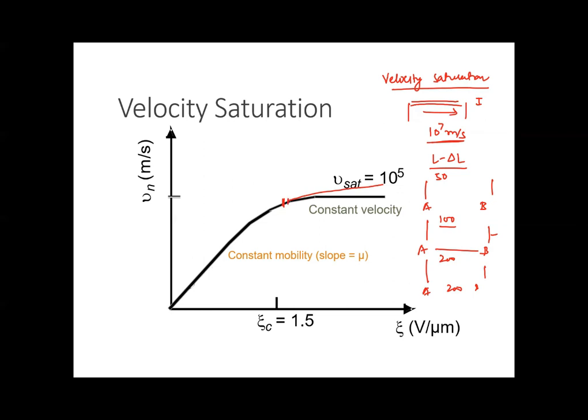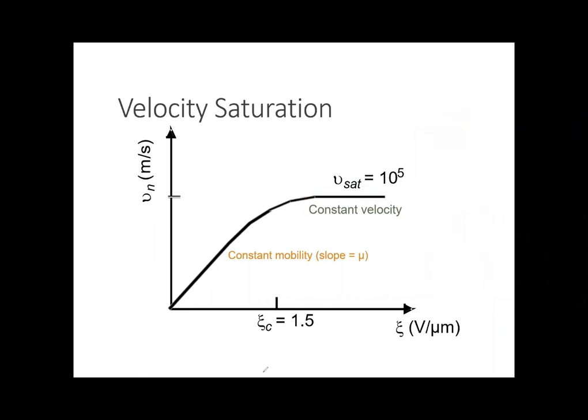Initially your number of electrons will increase, but at a point, under the influence of the electric field, the number of electrons will become constant. So that's the concept of velocity saturation: you keep on increasing the electric field, but after a certain point there will be no increase in the current. I hope you get the idea about velocity saturation.